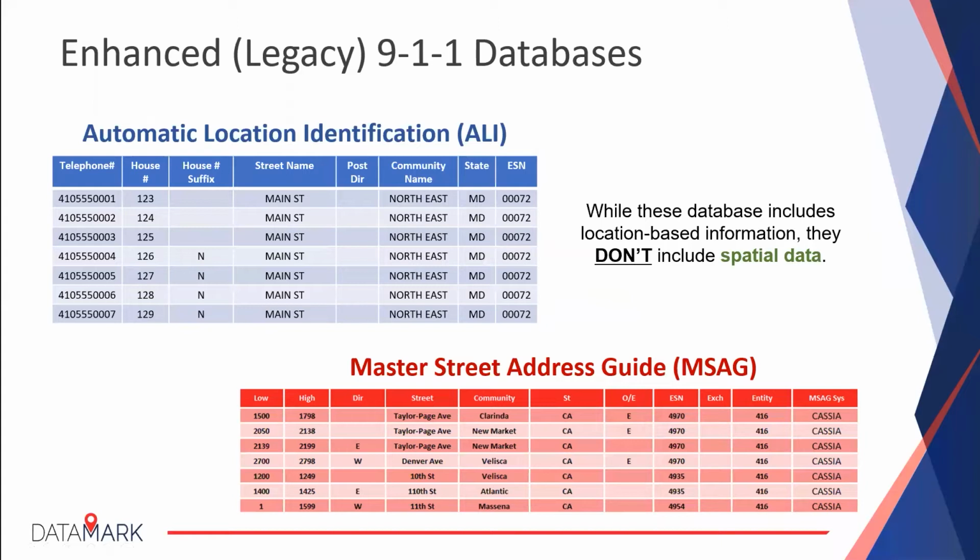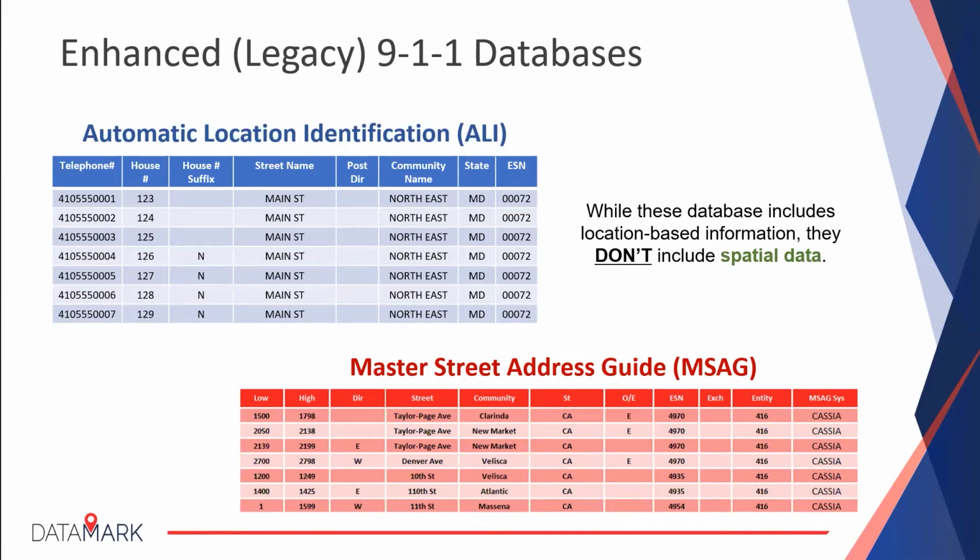So let's give a little background on what happens today. Today's 911 system actually relies on two databases for call location and call routing, and that's the ALI database and the MSAG. The ALI database, the Automatic Location Identification database, includes all telephone lines, and these are landline telephone lines that have a physical connection to the 911 network that will allow it to be delivered to a 911 center.